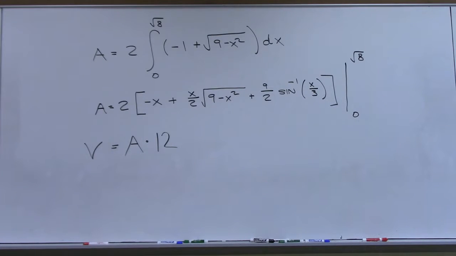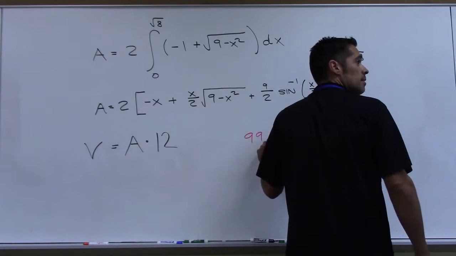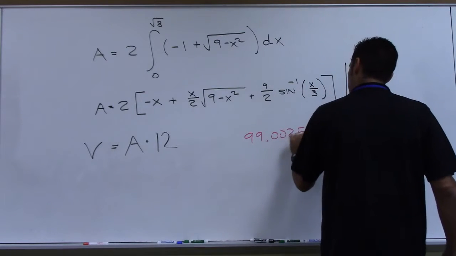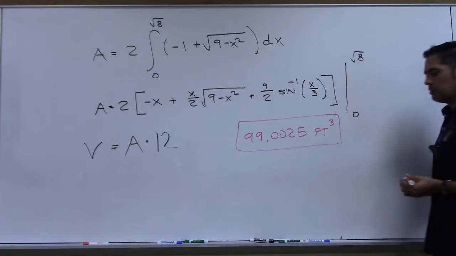I forgot my parentheses. That didn't take long. Okay, so 8.25, and let's multiply that times 12. 99.0025 cubic feet should be the result. Do you understand?